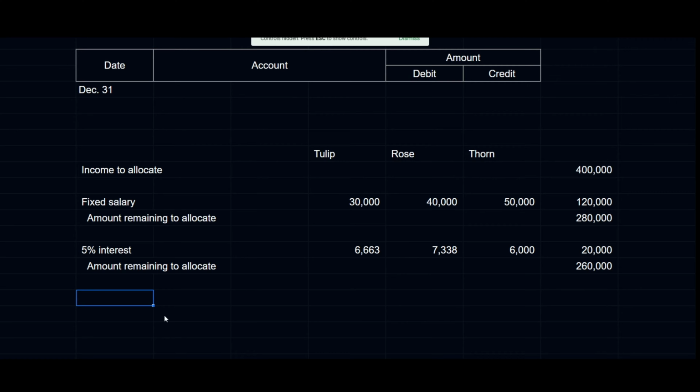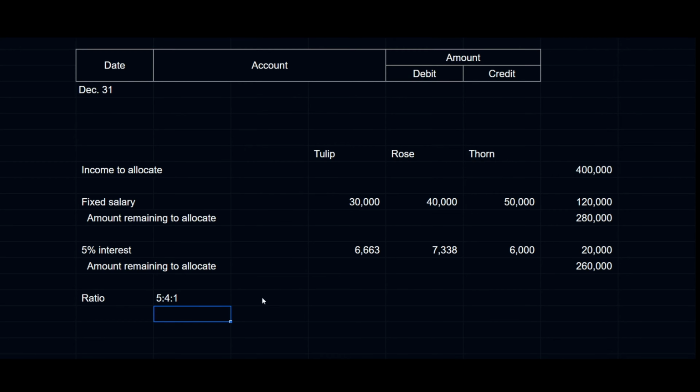Finally, any remaining amount was to be allocated according to a ratio. Let's ensure that we know what that means. The ratio was to be done in what was known as a 5 to 4 to 1 ratio.